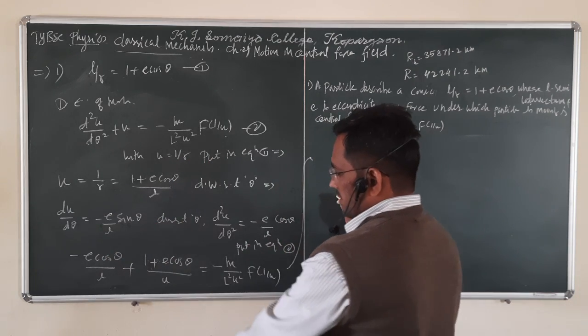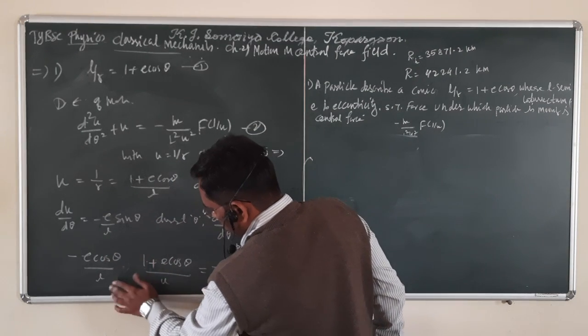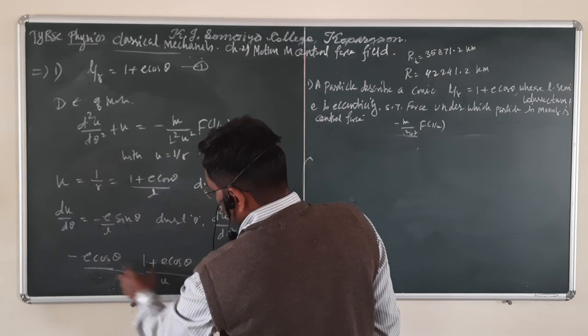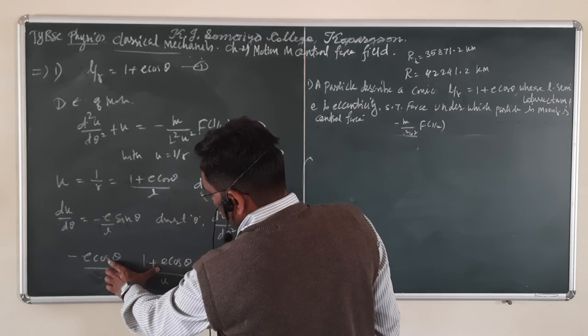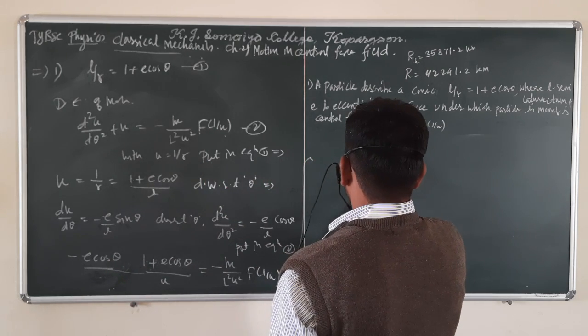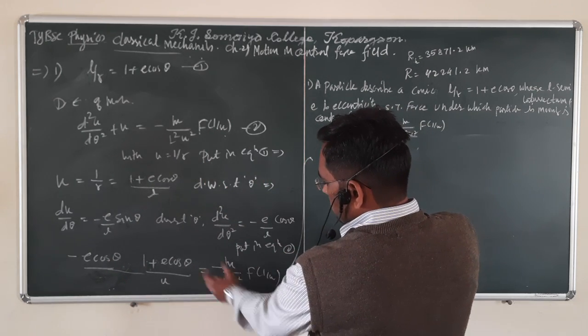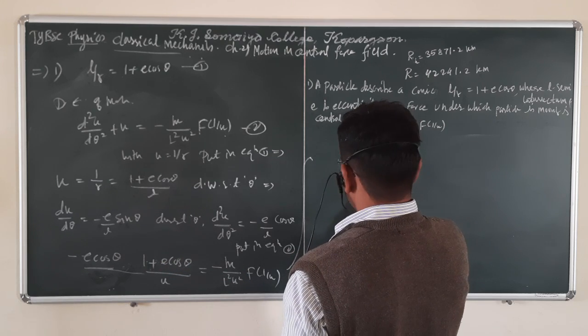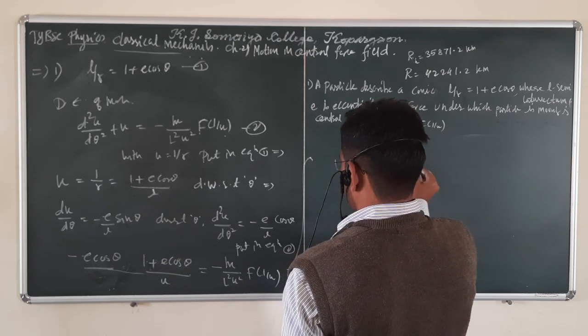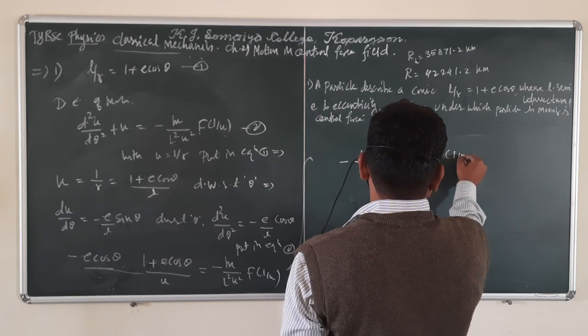For that, if you solve this, the denominator, the base, is the same, so minus e cos theta plus e cos theta will become 0, leaving 1 upon l. If you take this term to the left hand side, multiplying, we get minus l square u square divided by m is equal to f of 1 over u.